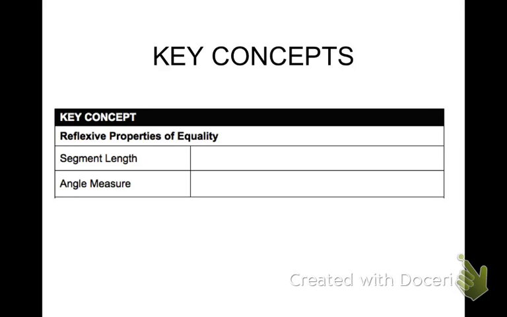Well, that's what the reflexive property is. So when something is equal to itself. So A is equal to A. If we're talking about segments, segment AB, the length of it is equal to the length of it.